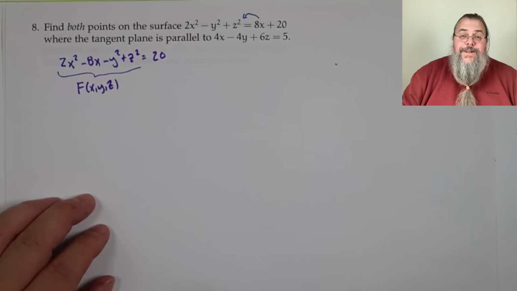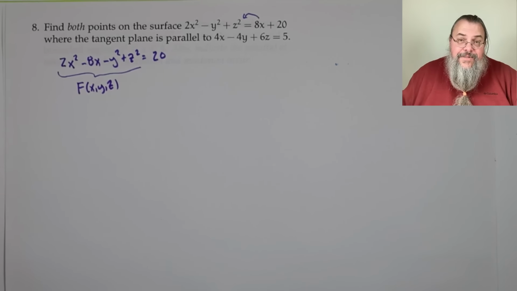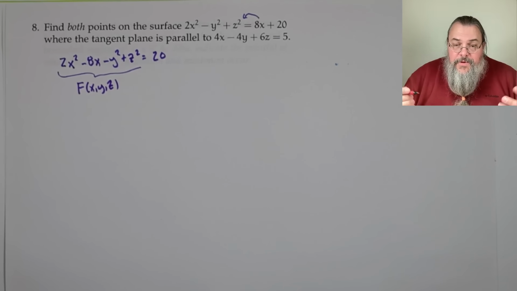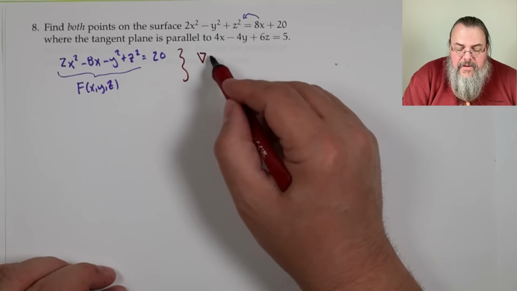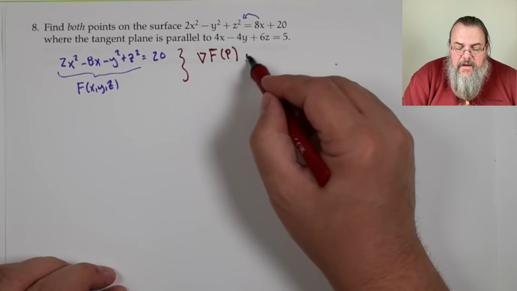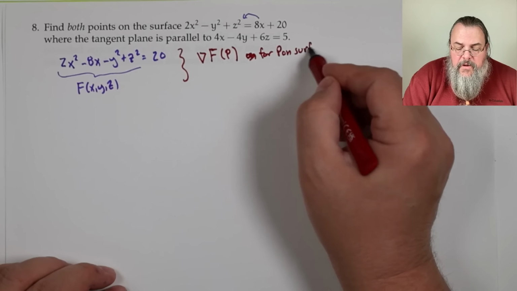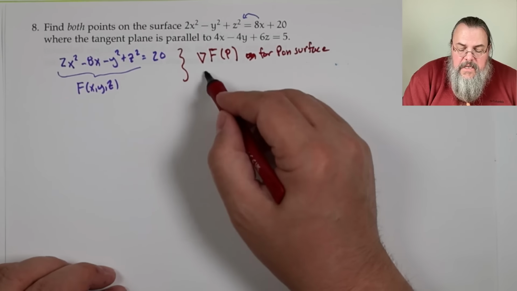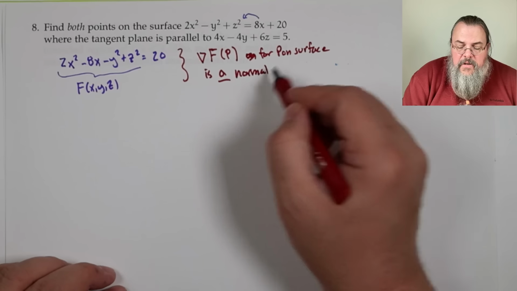And now, the great aha, which we've already alluded to, is to say this connects to normals for tangent planes. And that is that the gradient of F at a point P on the surface, for P on the surface, we're going to spell this all out, is a normal for a tangent plane.